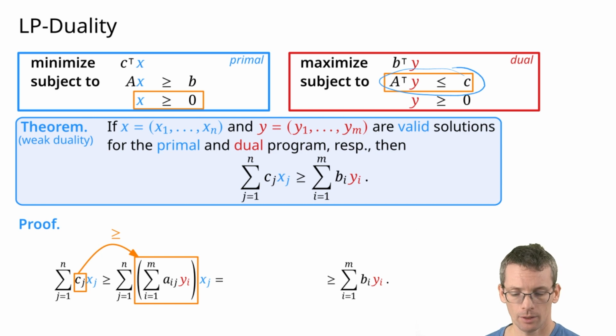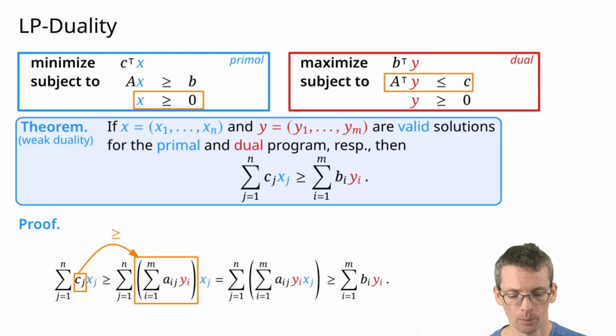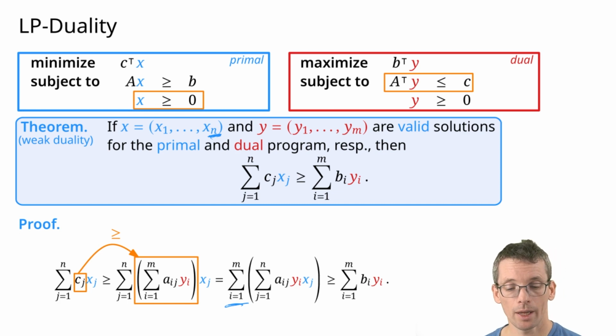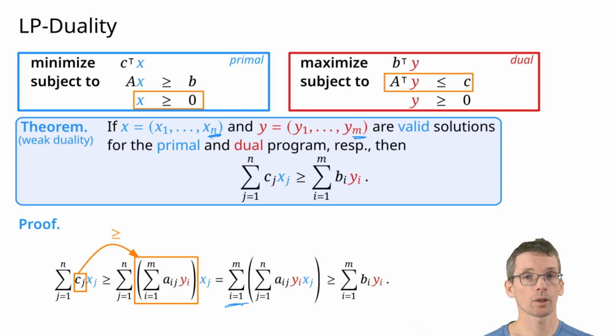Now next, so here we have a double sum and we have yi and xj. We will rearrange the brackets, rearrange the sums. So now the sum over the constraints, the primal constraints or the dual variables, however you want to see it, is outside, and the sum over the variables is inside. So n, as you see here, n is a number of primal variables and therefore also the number of dual constraints, while m is a number of primal constraints and therefore the number of dual variables.